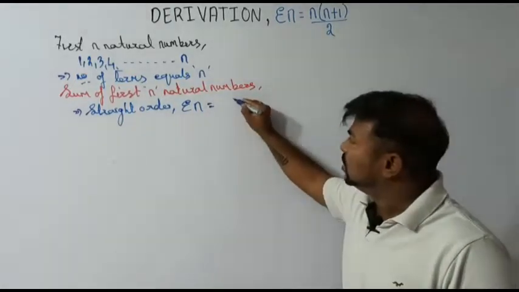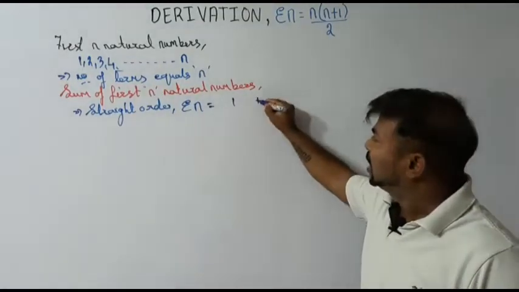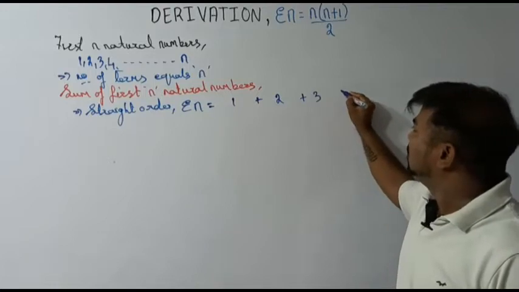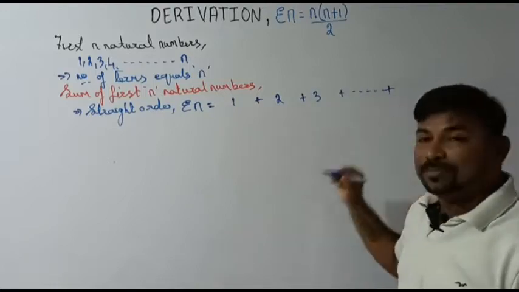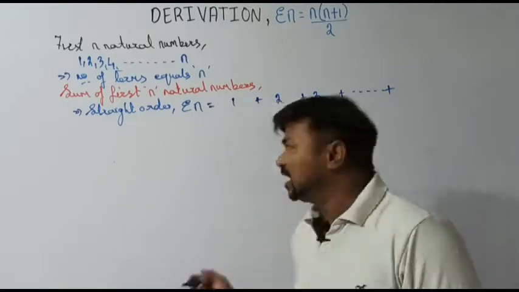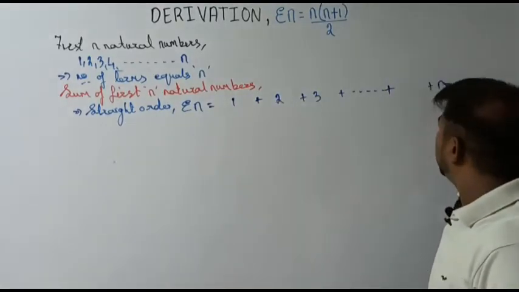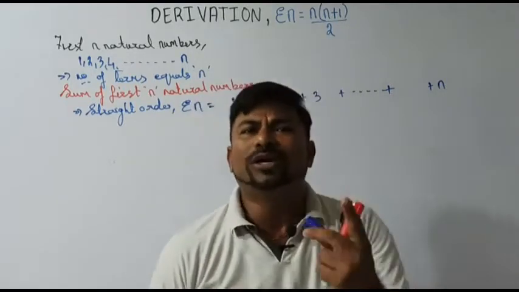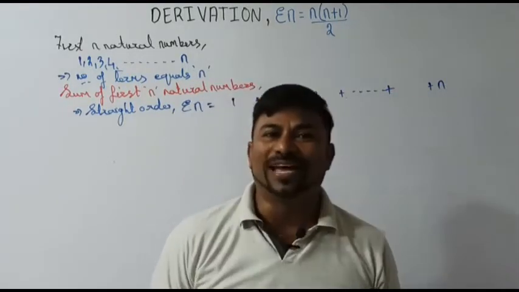Let the first number be 1, plus the next number is 2, plus the next number is 3, and so on. But please remember, we are supposed to add till the nth term. But what is the number just before that?